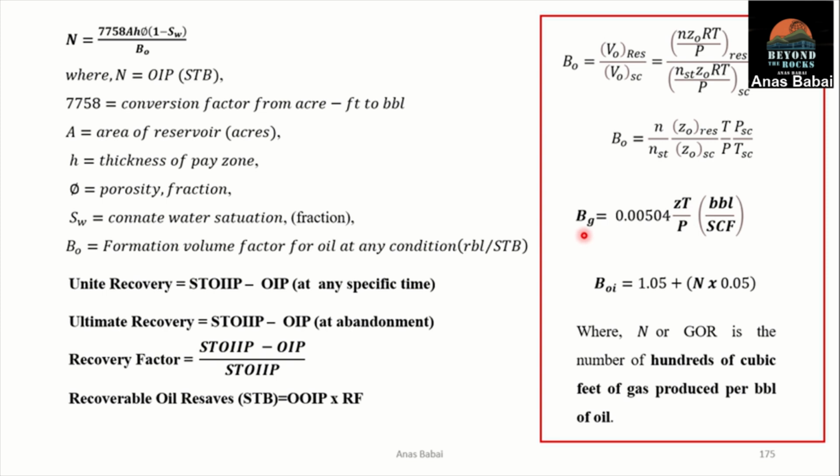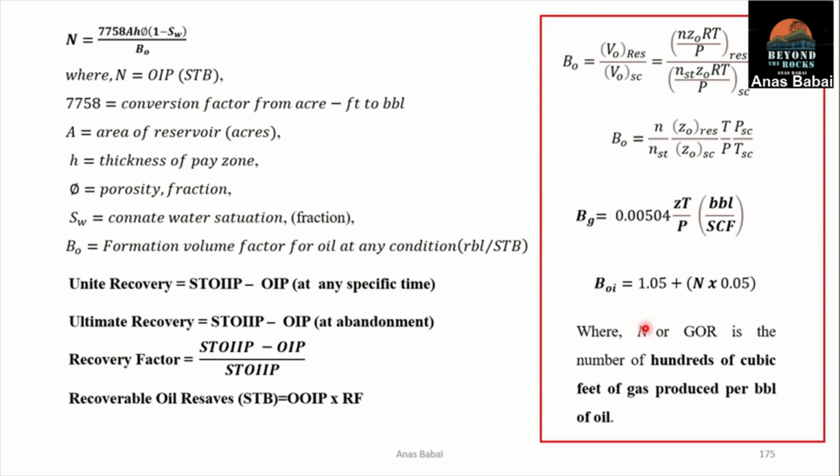Let's call it BGA, formation volume factor of gas at the abandonment stage. We substitute it here and we will get the gas in place at the abandonment stage.